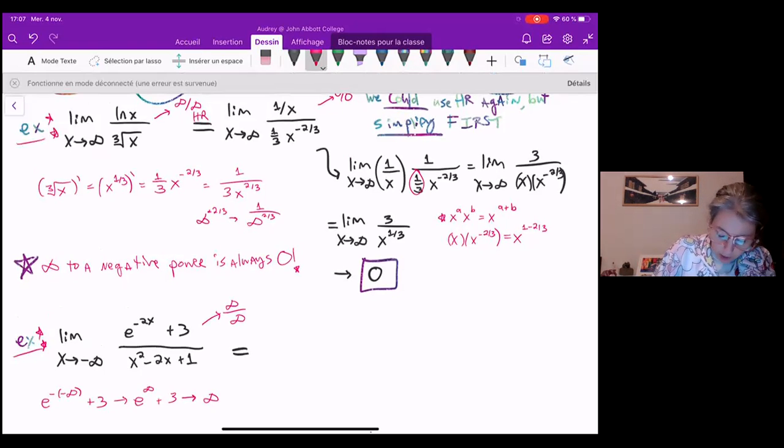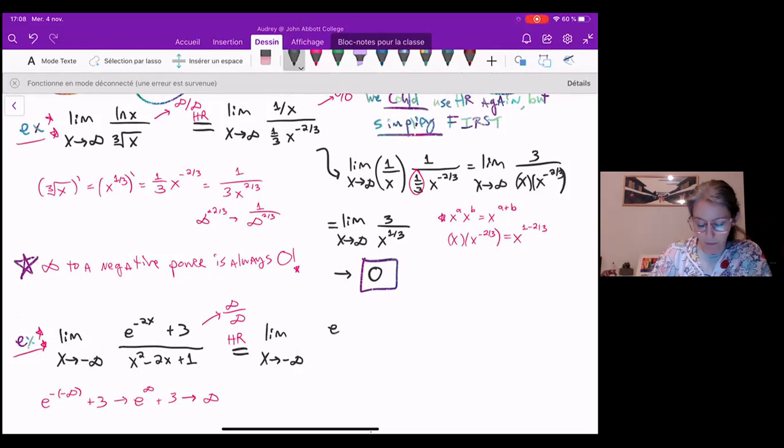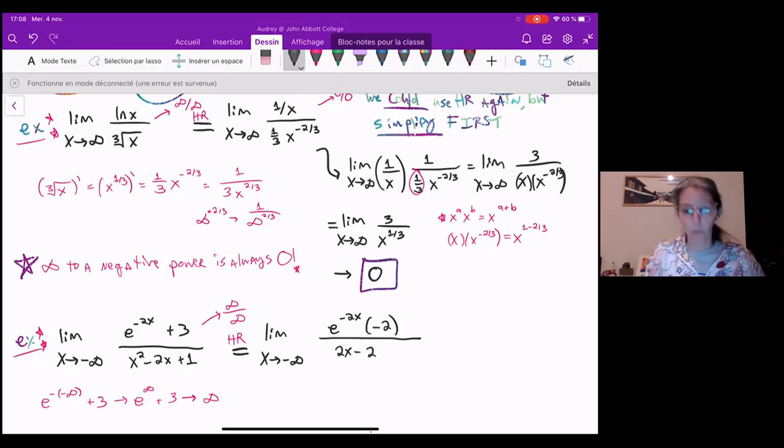So I'm going to write a little HR over my equal sign to show that I'm using L'Hopital's rule. The limit as x approaches negative infinity, up top I'm going to need a little chain rule. So I'm going to have e to the negative 2x times negative 2. And then I will have on the bottom 2x minus 2. So there is simplification that I could easily do here.